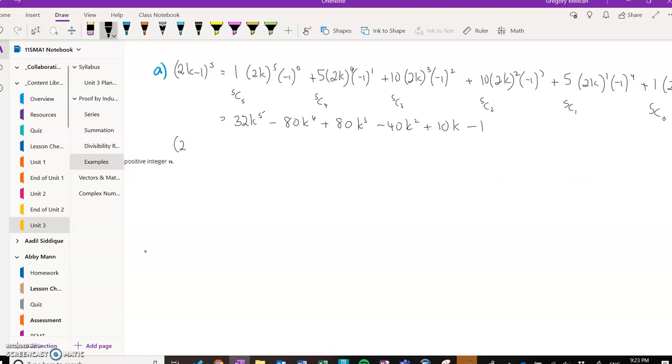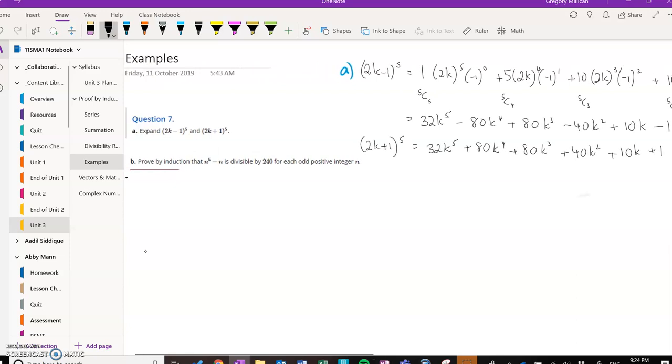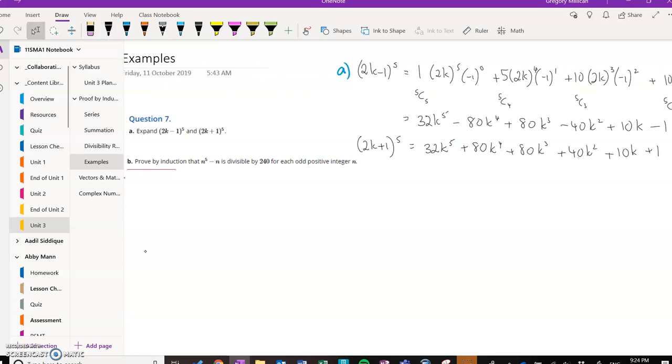And just to finish off this bit quickly, because it's not really what we're trying to do here, although we do need it for our next question: 32k to the 5 plus 80k to the 4 plus 80k cubed plus 40k squared plus 10k plus 1. We're going to need both of those solutions to help us answer question B.